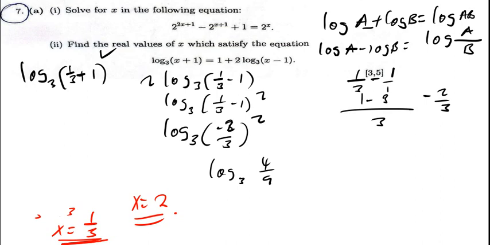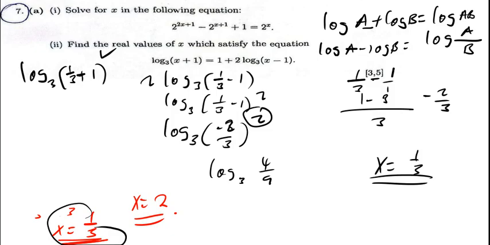So x equal to 1 over 3 is indeed part of the solution. But in a case where we didn't have the square, if this was just log base 3, then negative 2 over 3 would have said this is not part of the solution. So be careful on that one, because we have 2 in front, and when we bring it on top to be the power, any negative is going to be positive.